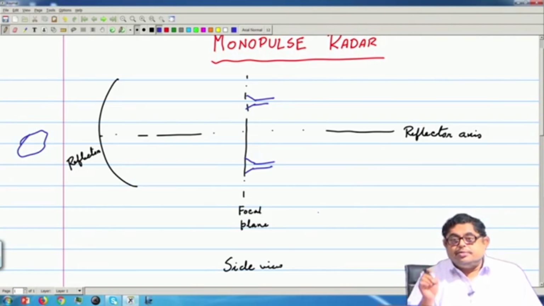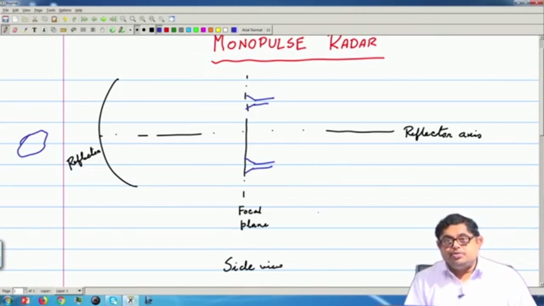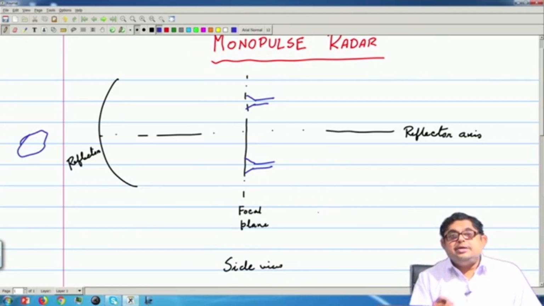So, we know that if anything is at the reflector axis, the received voltages will all be the same, both in amplitude and phase, and if it is off axis, then there will be a change in the voltage, in some of them or all of them.